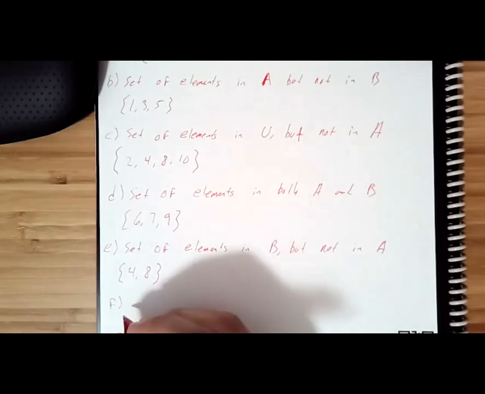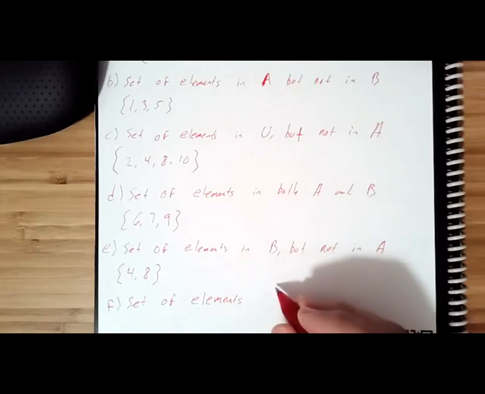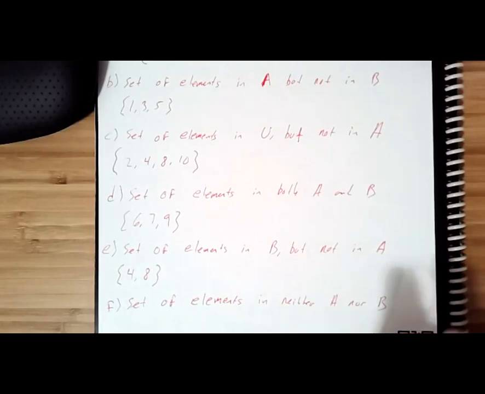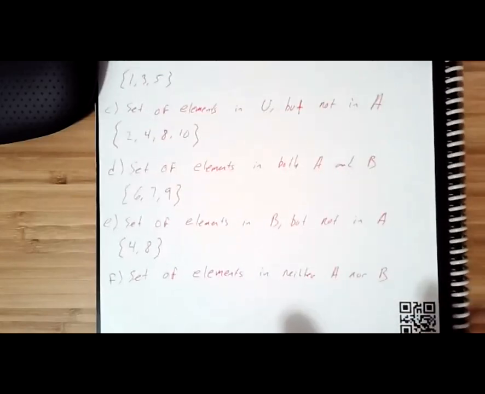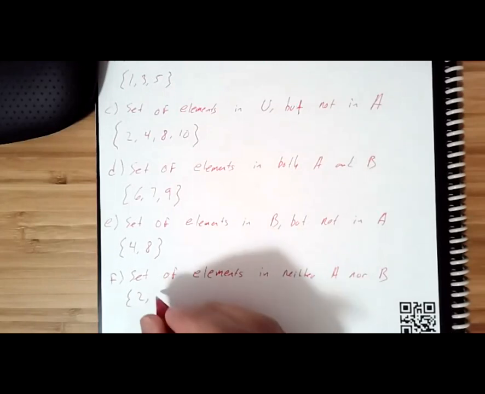Okay, last one. Set of elements in neither A nor B, meaning it's not inside A and not inside B. So the only two numbers that I see outside the circles are 2 and 10.